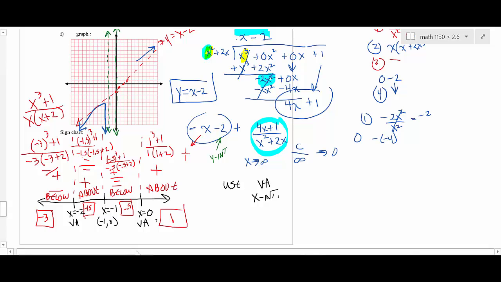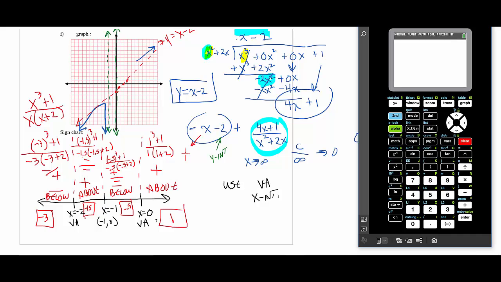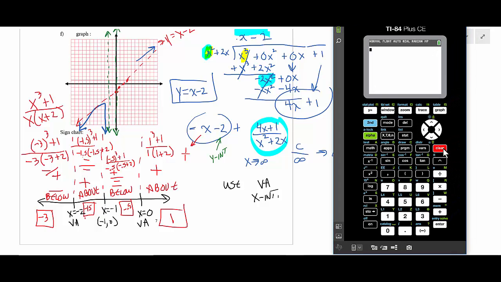Now, one thing I'm going to have you do is get your calculator out. I just want to show you what this sign chart did. With your calculator, put the function in. The function is x to the third plus 1. Make sure you have that in parentheses.